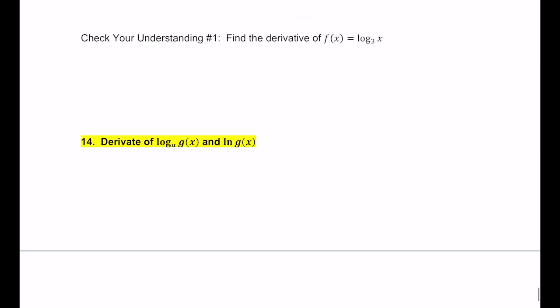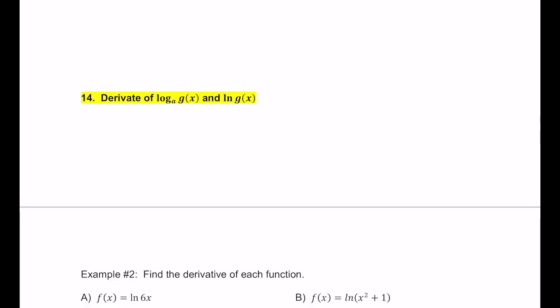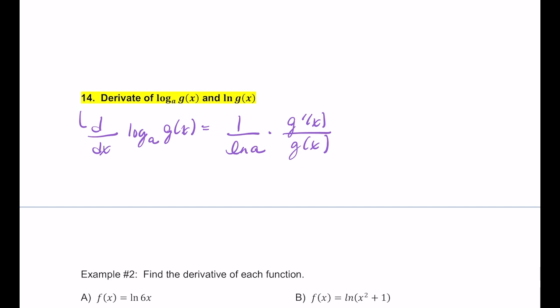Next, let's look at the derivative of the log base a of g of x and the natural log of g of x. Here, the derivative with respect to x of the log base a of g of x is just going to be 1 over the natural log of a, and then we multiply that by the derivative of g of x divided by g of x.